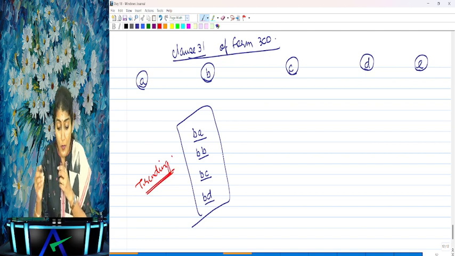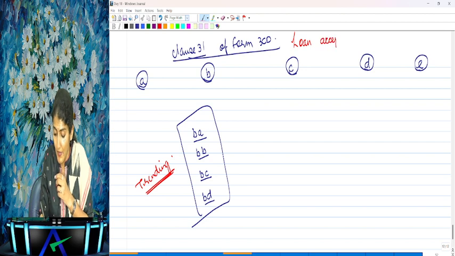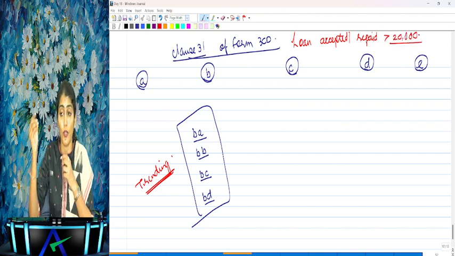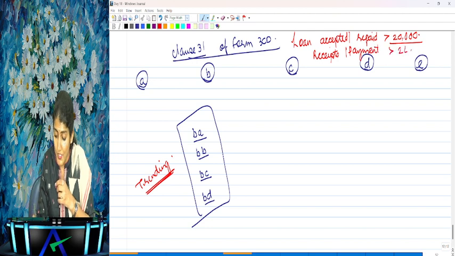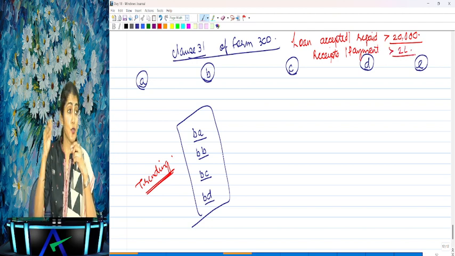Right. So what is clause 31 regarding? Loan accepted or repaid of more than 20,000 other than by account payee cheque, draft, or the ECS. Or what does it say? Receipts or payment relating to a single event or occasion. Payment made to a person for a single event or occasion in cash exceeding rupees 2 lakh.